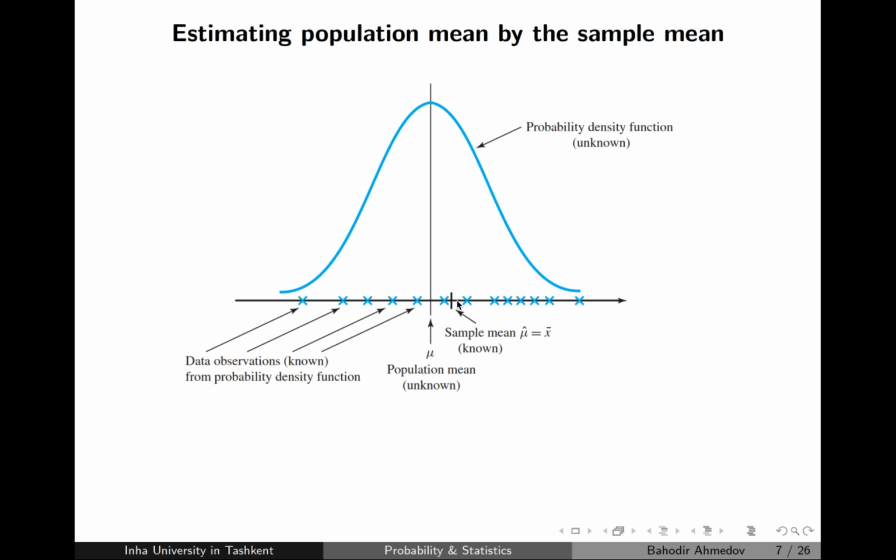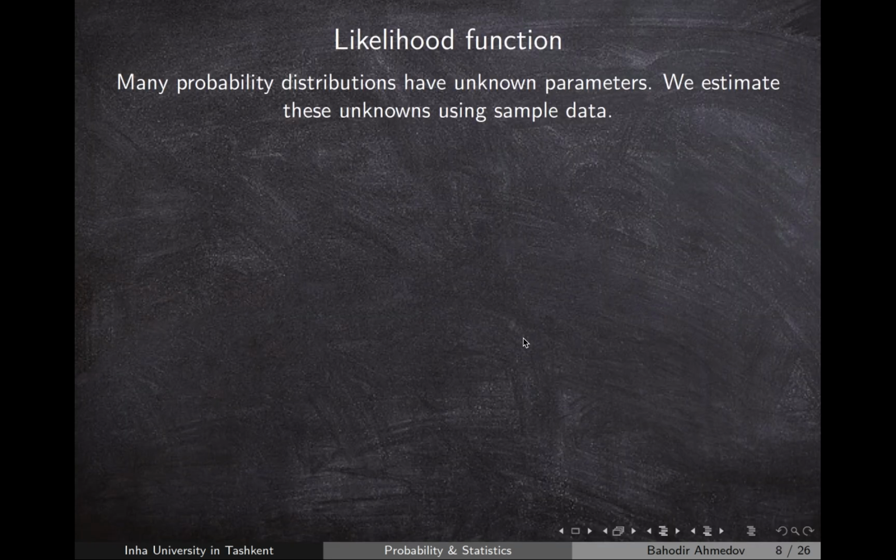But at the same time, I can calculate the sample mean, x bar. Most of the time the sample mean is different from the population mean, so what I want is to guess the population mean, knowing the sample mean, in the best way. This is called the estimation of the population parameter.